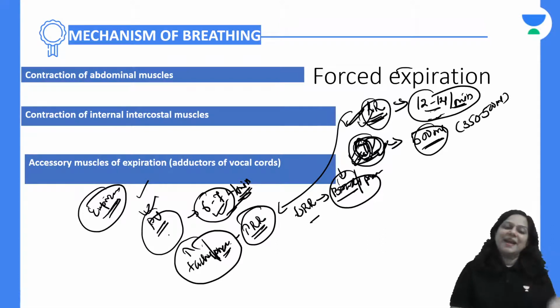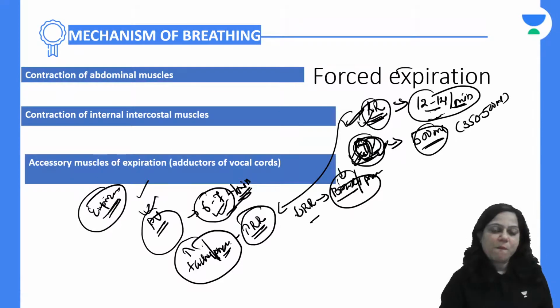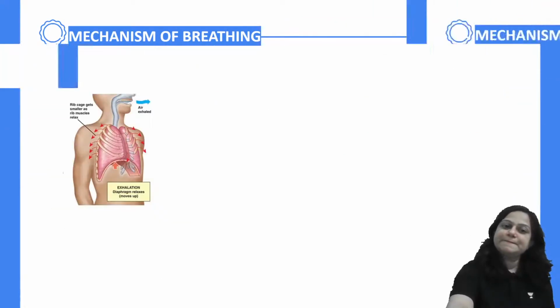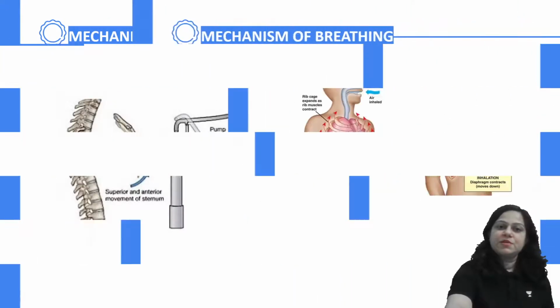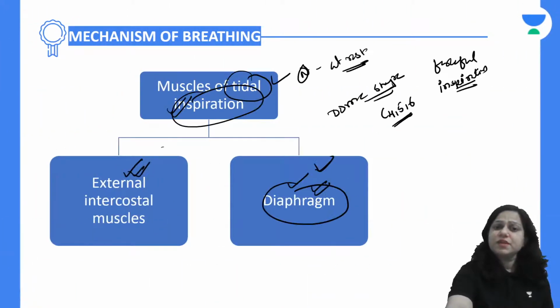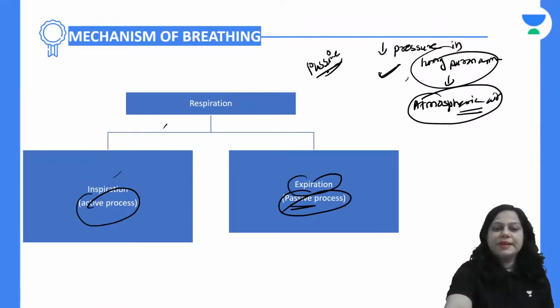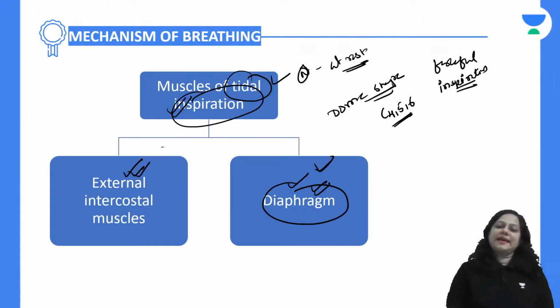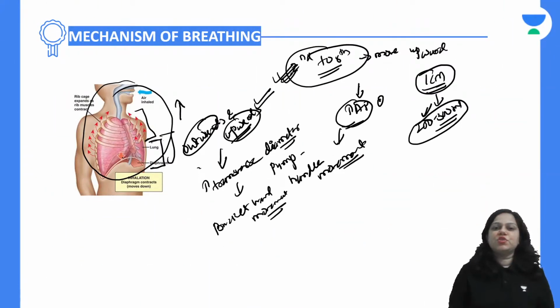Here the applied aspects are very important. I would like to emphasize that. From the MCQ point of view, what you are supposed to remember is that in tidal respiration, both the diaphragm and external intercostal muscles play a role. The diaphragm plays a major role and is responsible for 75% of the tidal volume.